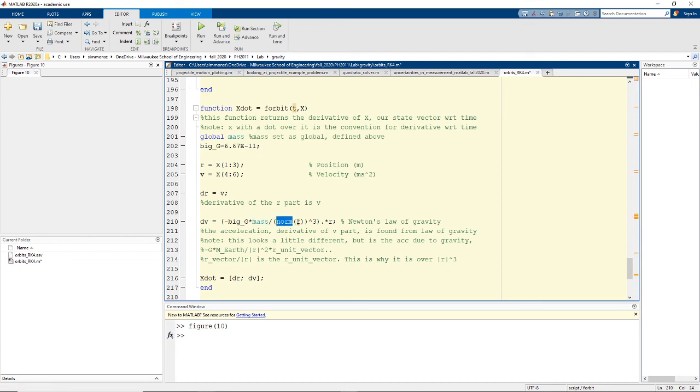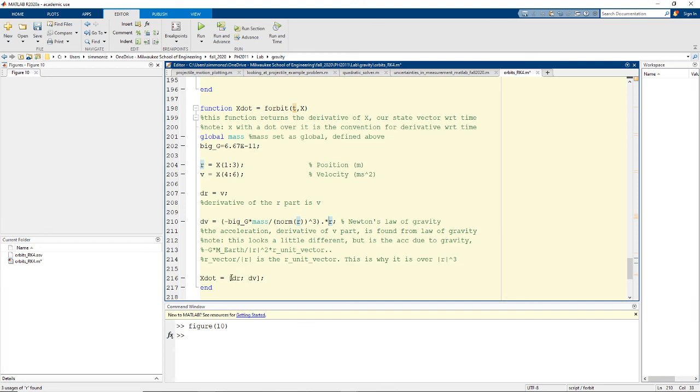This norm means length, so this is telling you the length of your displacement vector, x, y, and z, cubed, and so we're dividing by the length cubed and multiplying by the vector. So like I said in the introduction video, this would be the same thing as r hat divided by r squared. So they have r divided by r cubed.